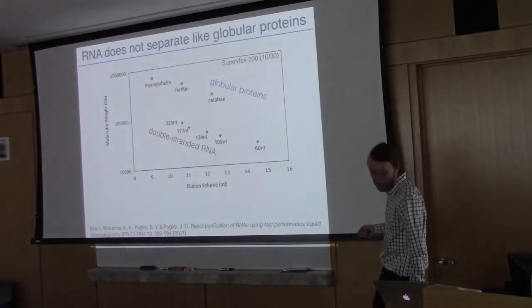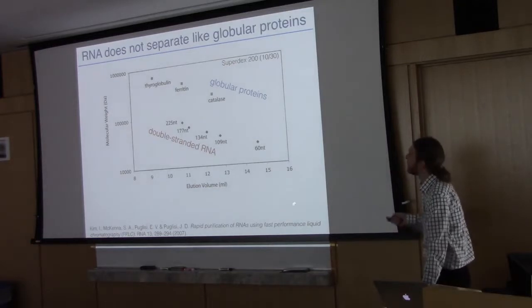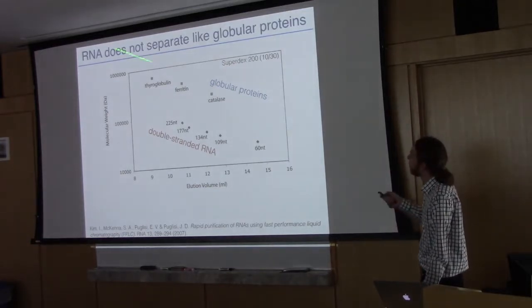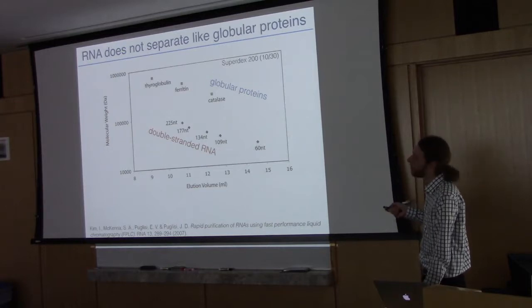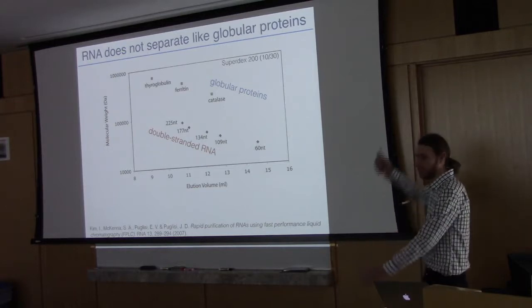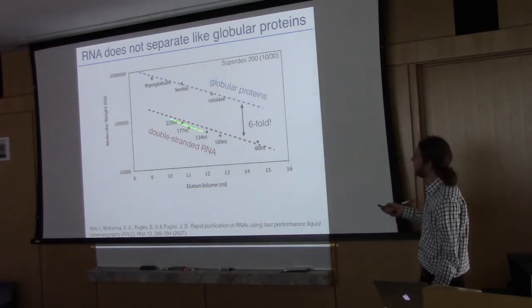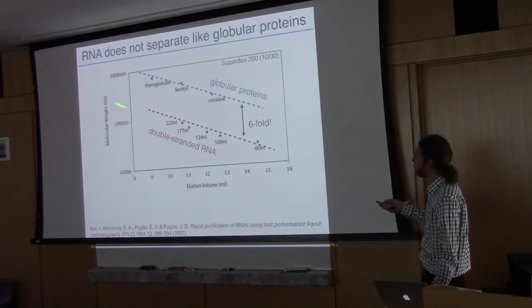Okay, so there's a big caveat though. SEC also depends on the shape of the molecule. And people that do RNA are really aware of this because RNA tends to be highly elongated. And so it will actually partition as if it were about 6 times higher molecular weight than you expect.